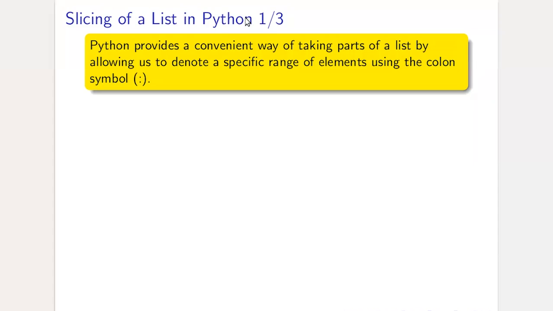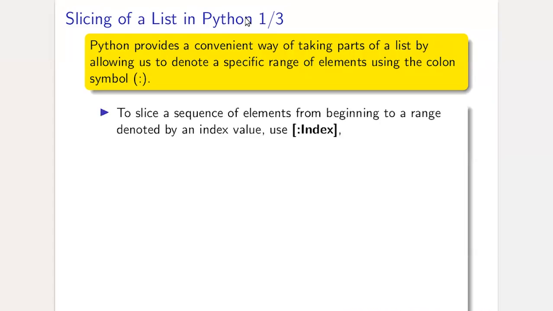One of these is the slicing of a list. If you have a list and you want to break it apart into sub parts, Python has a very convenient way of doing that using the colon symbol. So let's look at how you can do that.